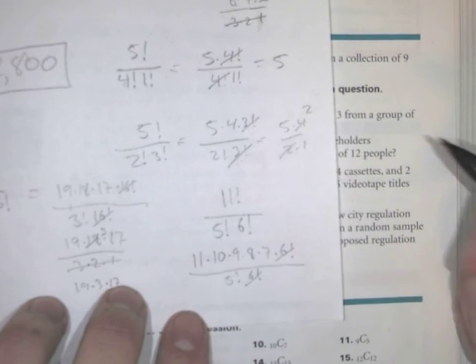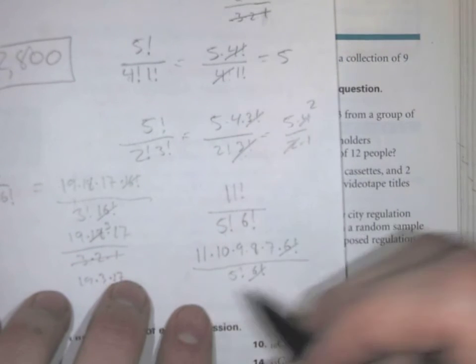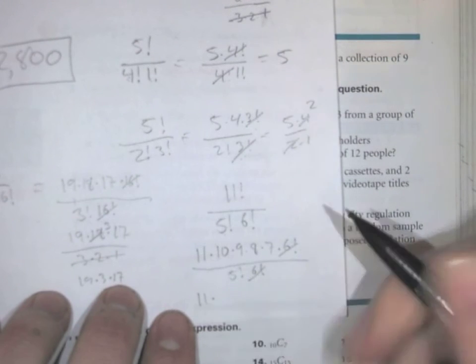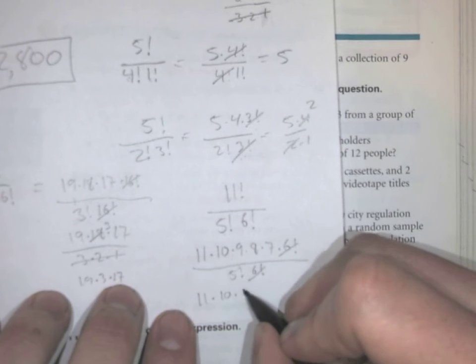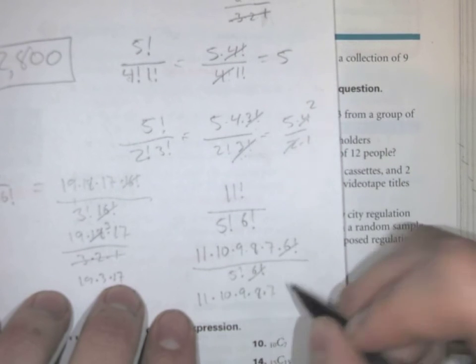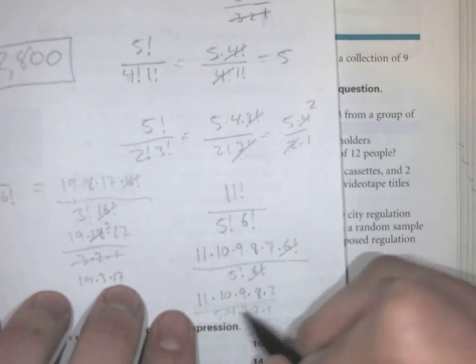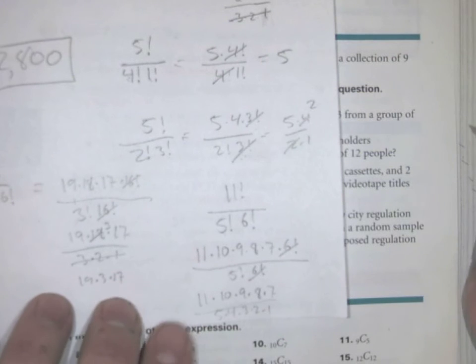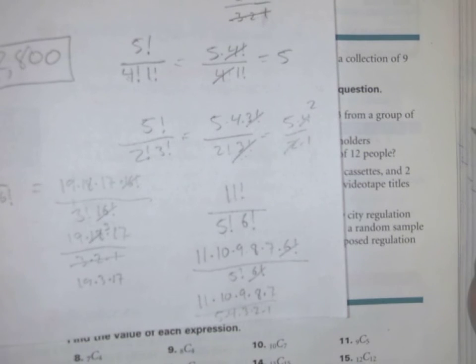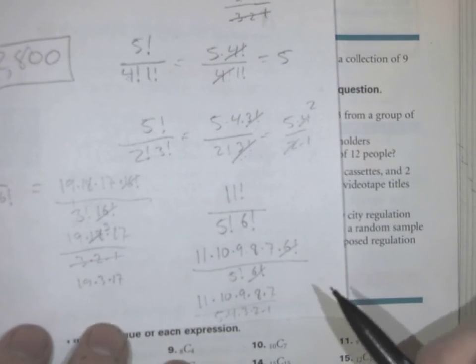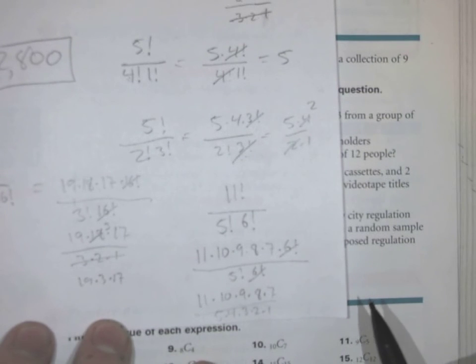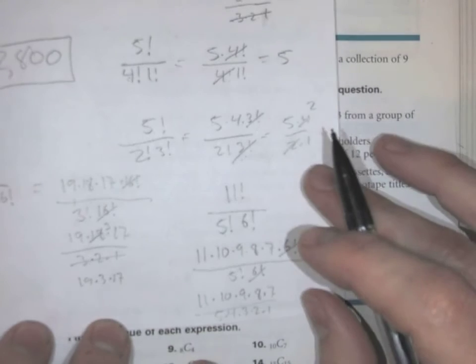Okay, so the 6 factorials cancel, and then I have 11 times 10 times 9 times 8 times 7 over 5 times 4 times 3 times 2 times 1. Let's see if we can cancel some stuff out here. We don't have a 6 to cancel, we don't have a 12 to cancel.